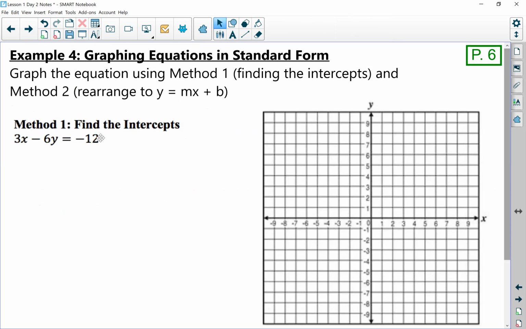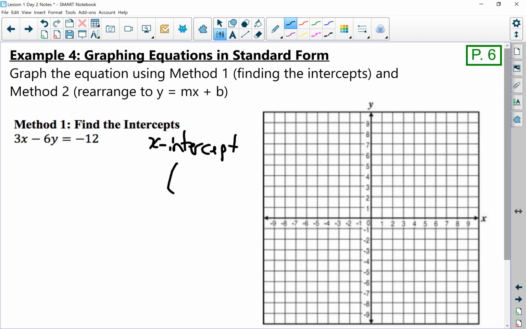So we're going to graph the equation using method 1 and then using method 2. So using method 1, I'm going to find the intercepts. I'm going to find the x-intercept, and that's when y is 0. So what I'm going to do is cover up the y.